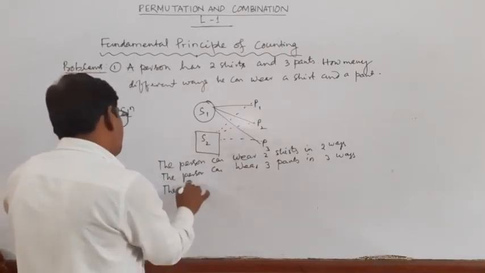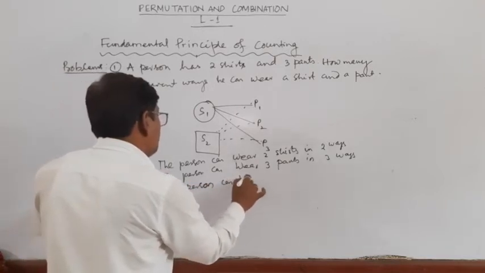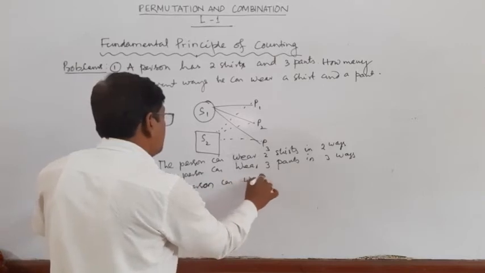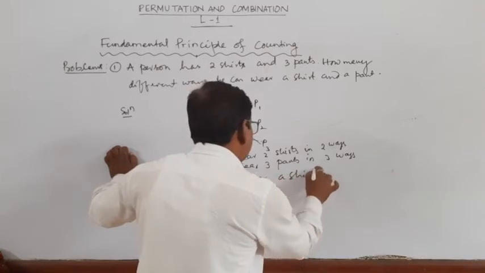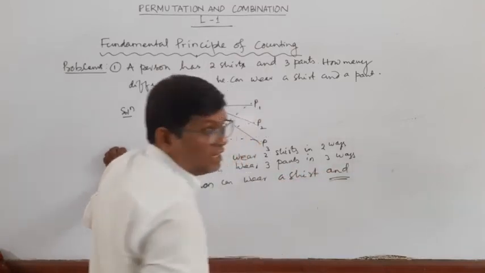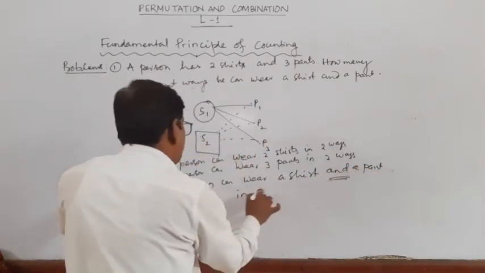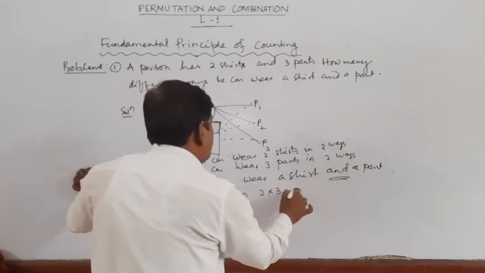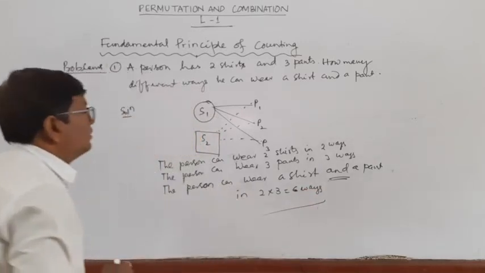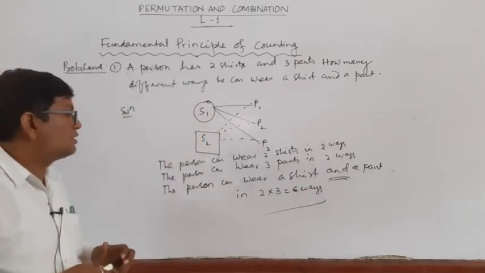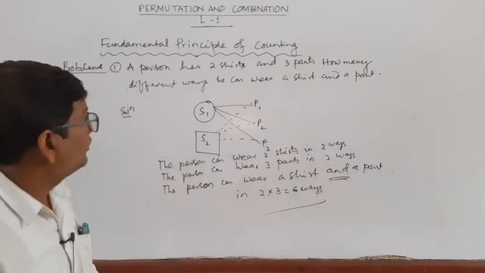The person can wear a shirt and, the conjunction is and, a pant in 2 into 3 ways, that is 6 ways. This is the multiplication principle, because the conjunction and occurs here. Now another question.